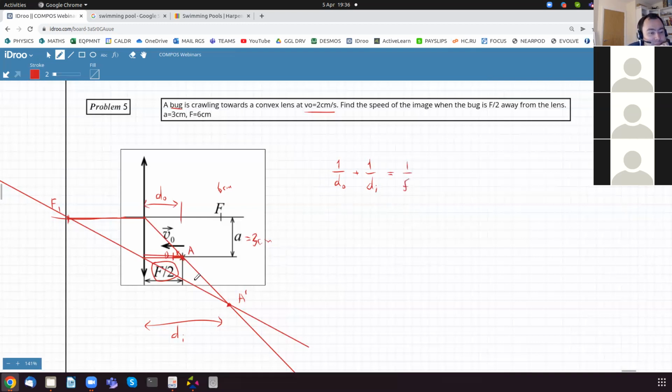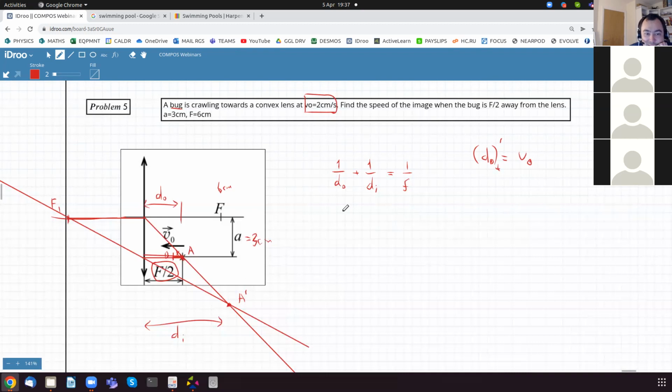And I'll do the derivative. I know that the derivative of d0 is how fast this distance changes, which is in fact v0, the speed. Speed is how fast this changes with respect to t, of course.